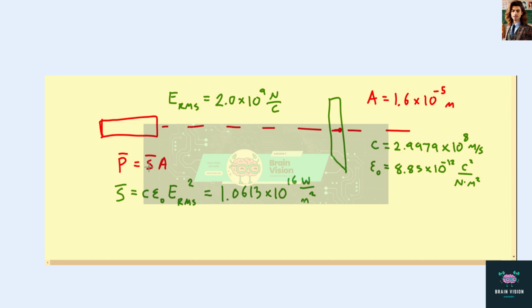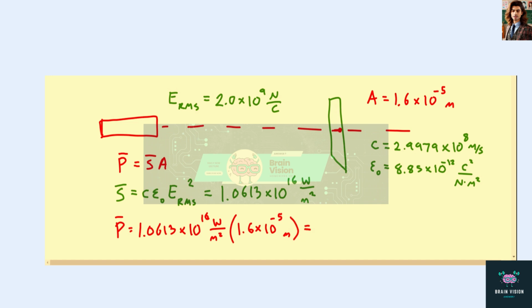Now that we found that, we can go ahead and plug it back into our equation here for the average power. P is equal to S times A. And we have 1.0613 times 10 to the 16 watts per meter squared, multiplied by the area, 1.6 times 10 to the minus 5 meters.